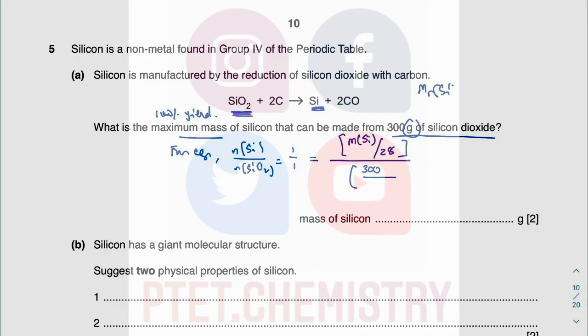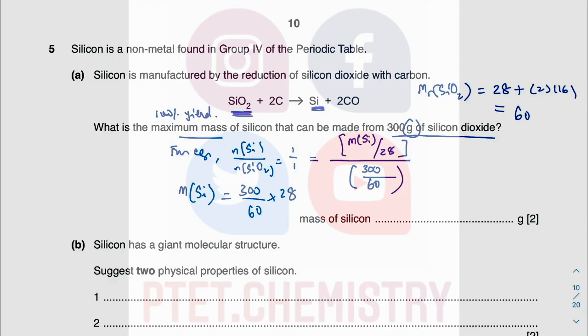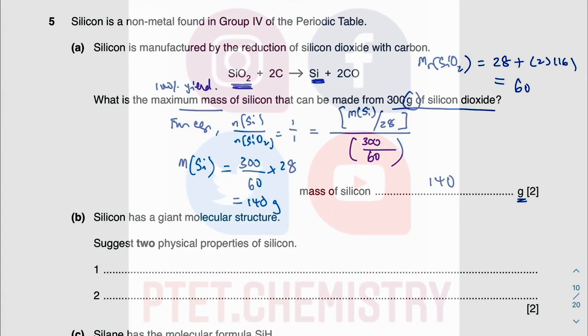The Mr of SiO2 is just 28 plus 2 times 16, so 28 plus 32, that's 60. Mass over Mr is the mole of the silicon, and mass over Mr is the mole of the SiO2. Do your maths carefully, and you should hopefully get 140 gram. The unit is already given there, so you are fine. If the unit is not given, you have to write the correct unit there.